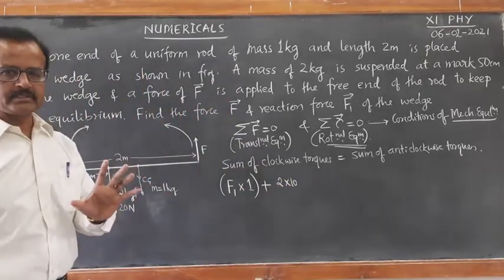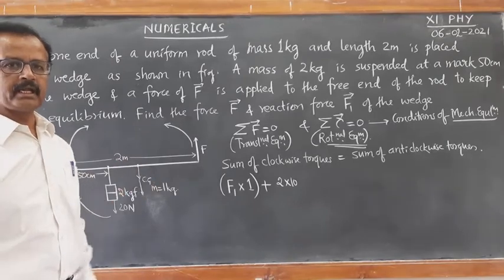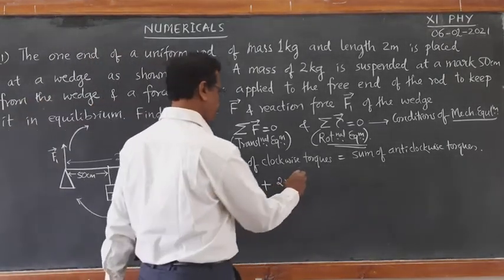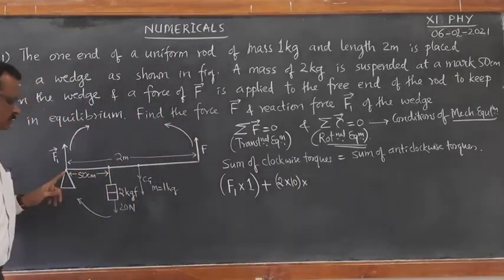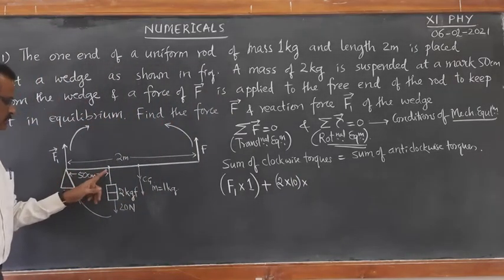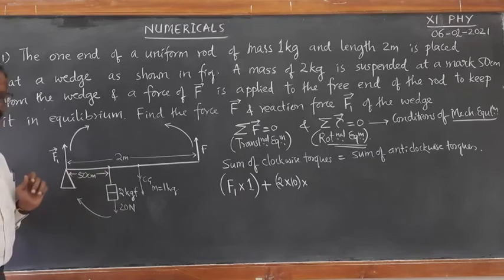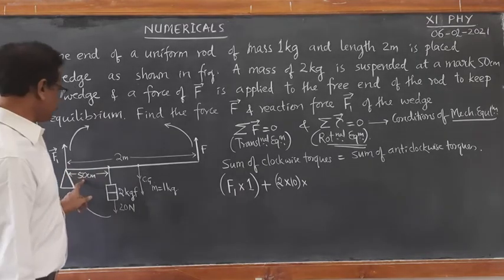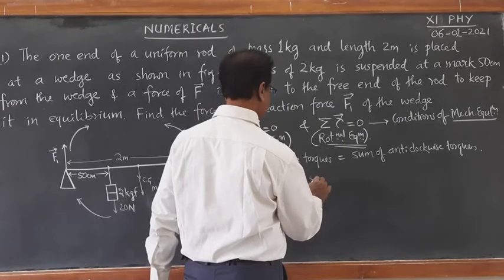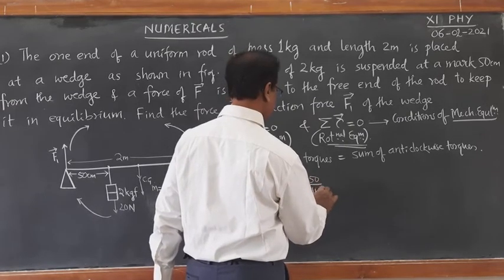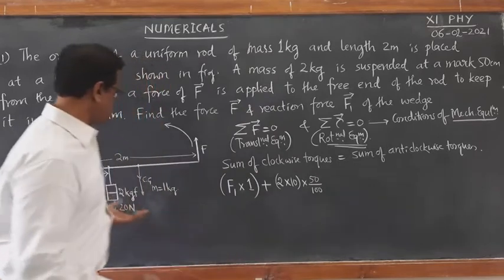I am taking acceleration due to gravity directly as 10 meter per second square. 2 into 10 into the perpendicular distance. The perpendicular distance from here is 50 centimeter. So 50 centimeter you convert into meter, so it becomes 50 by 100.